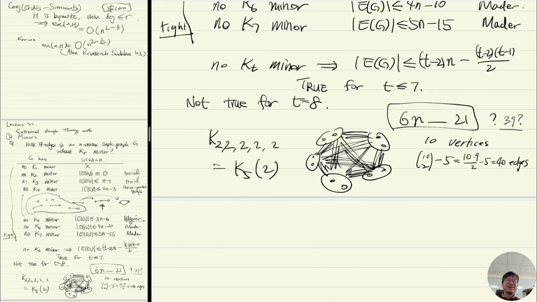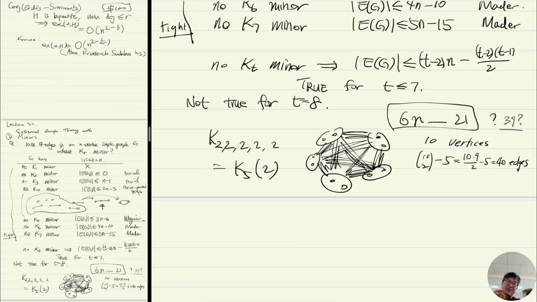No, what I was saying. So we are trying to prove that a K8 minor doesn't exist. If I have a K8 minor, then at most 2 vertices of K8 are coming from 2 vertices, right? Think of the minor model. So that means 6 vertices from K8 were actually coming from a single vertex each.